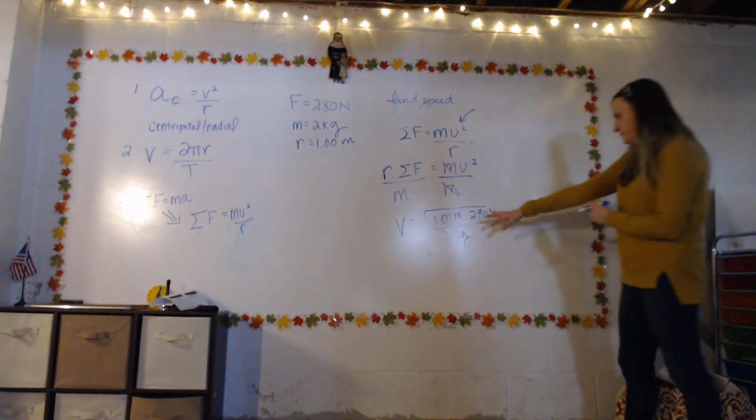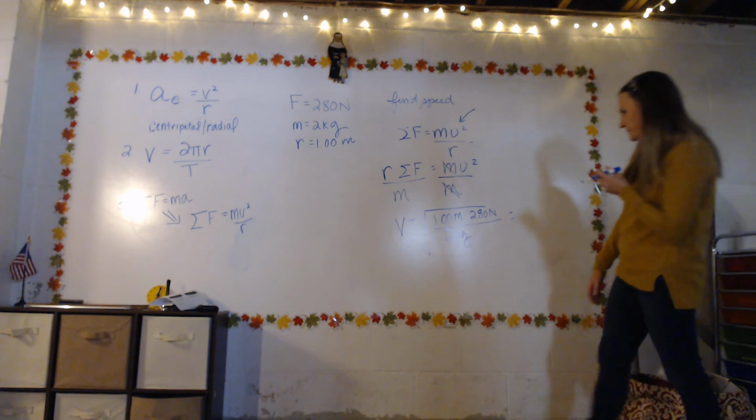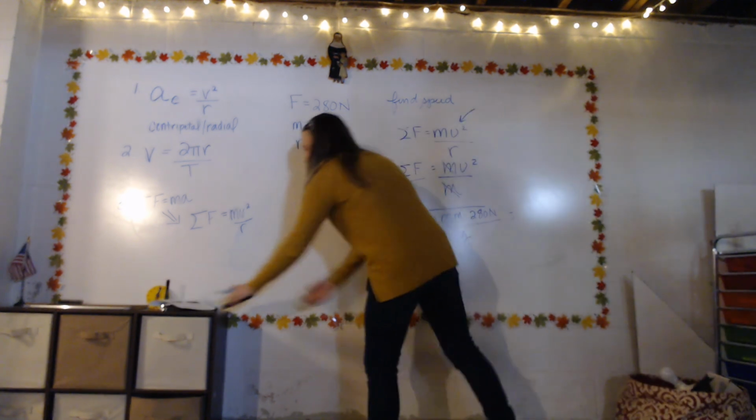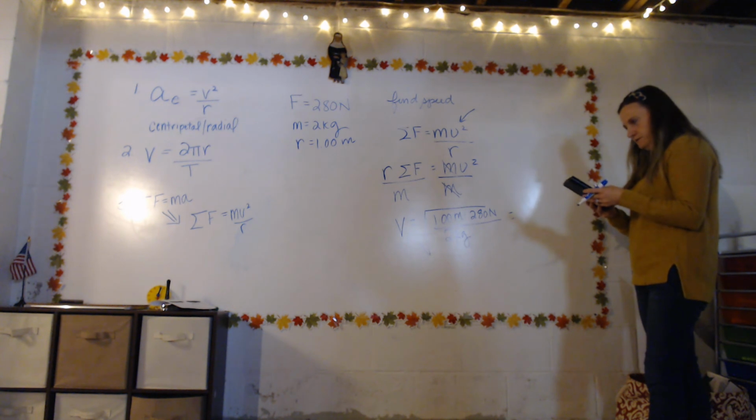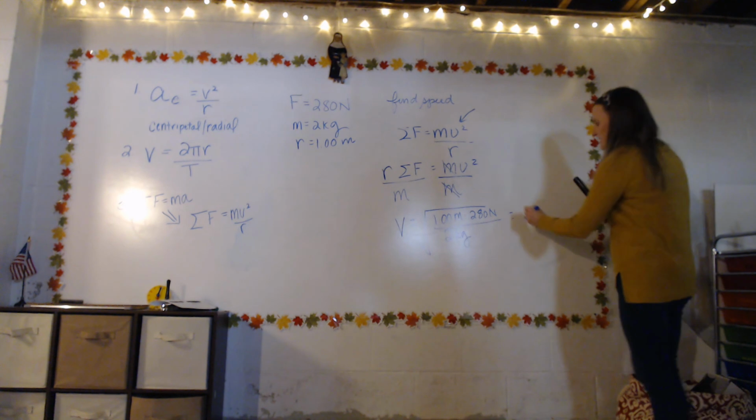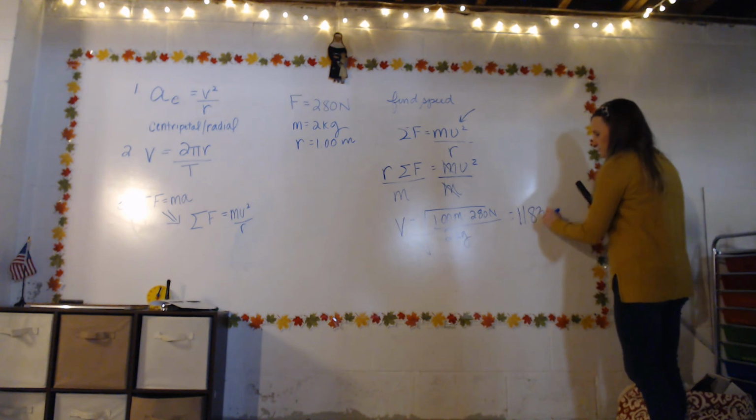So this is a square root of a little bit less than 144, so it's going to be just under 12. Let's see. Square root of 140. 11.83 meters per second.